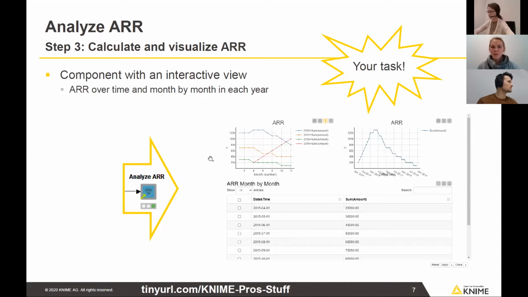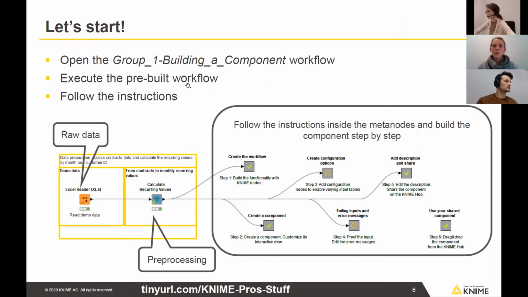What are the steps? How do you proceed to come with this result? So you will have the exercise workflow. When you open it, you see this template. You first need to just execute the workflow inside these yellow boxes, which complete the steps 1 and 2, accessing the raw data and transforming the contracts data into the recurring values.